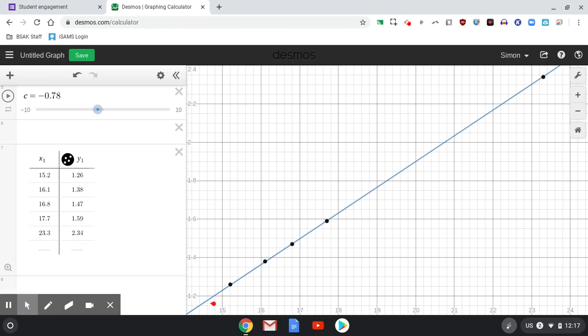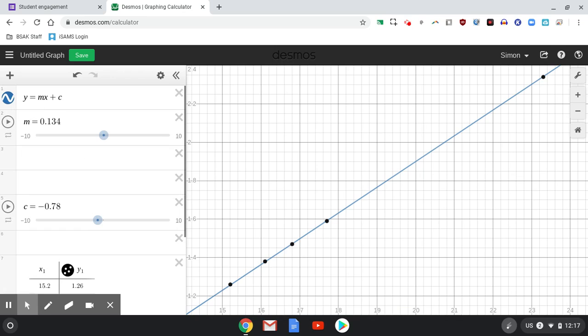So all these values must have a 10 to the power of 5 as well. Because this is on the x-axis, we're dividing by these values. The true gradient is 0.134 times 10 to the 5. And then we're going to use that to find Planck constant.